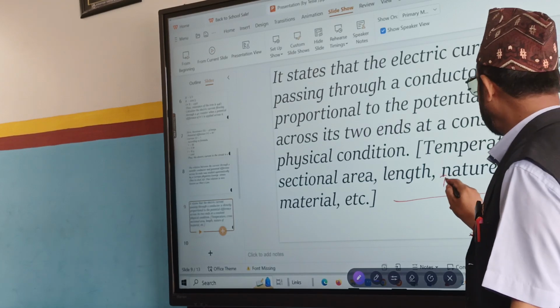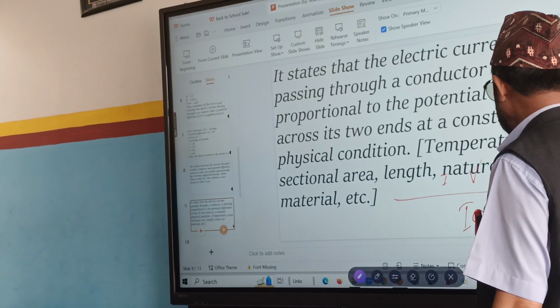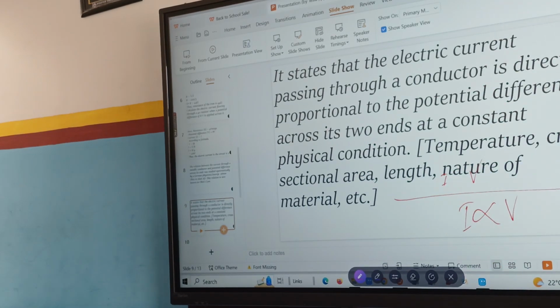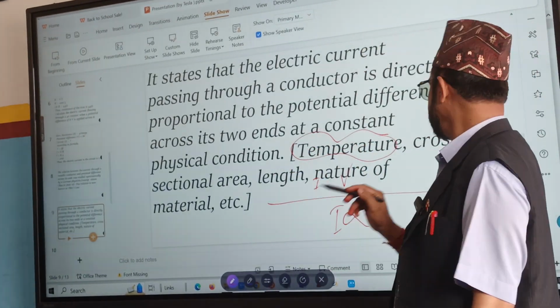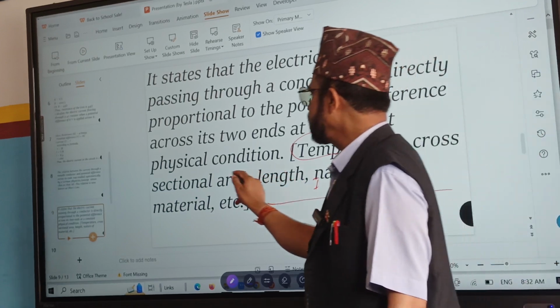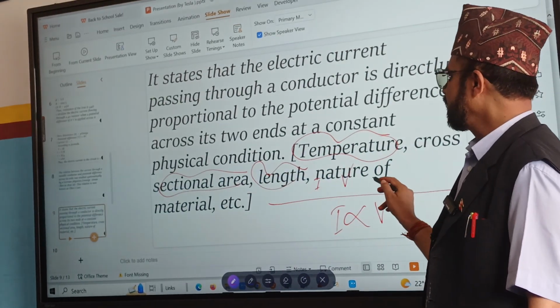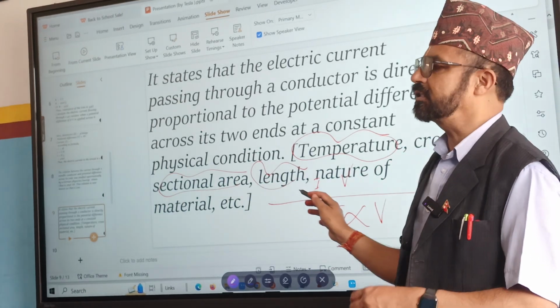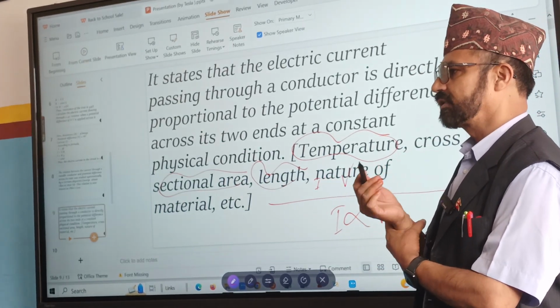If the current is flowing and there is voltage, then what did he say? Current and voltage are directly proportional to each other when conditions like temperature, cross-sectional area, length, and nature of material are constant. They must be constant. If they change, then they are not directly proportional to each other.